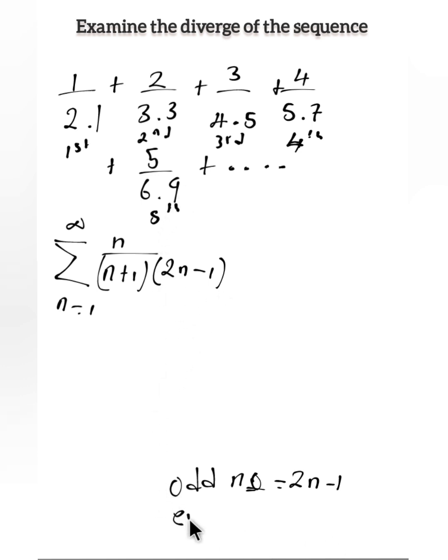Assuming it was even numbers, it would obviously be 2n, but if it's odd numbers, it's 2n minus 1. So this is the expression that perfectly describes this sequence. What we need to do next is check if this series converges or diverges.